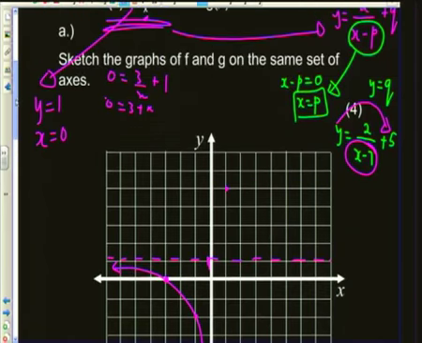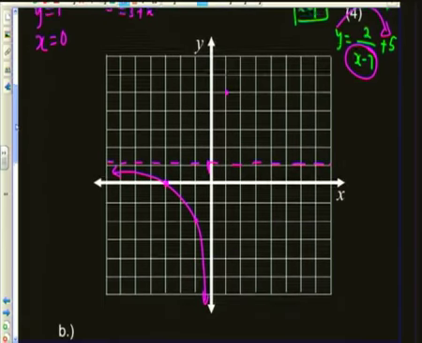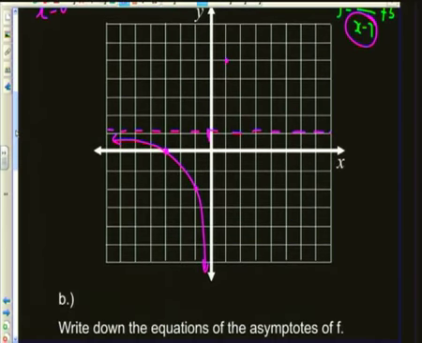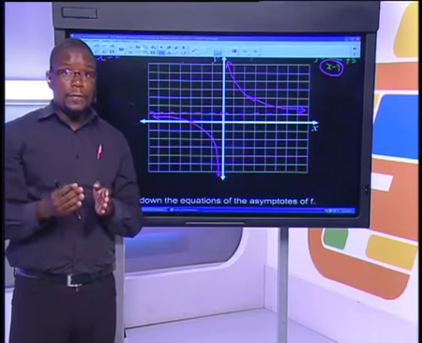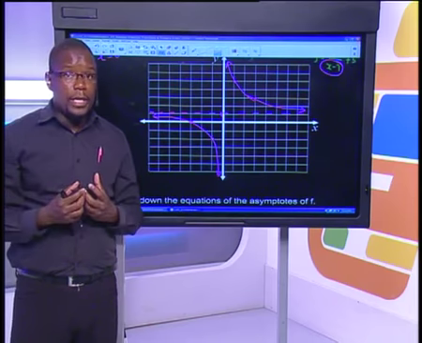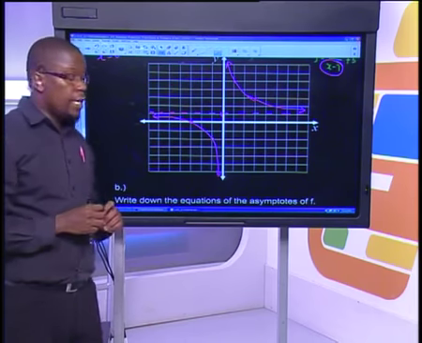Now let's take x equals 3. If x is 3, y is 2. You'll get something like this. This is your hyperbola. Whether you got your values from your calculator or worked them out manually, it's fine, we get the same thing.